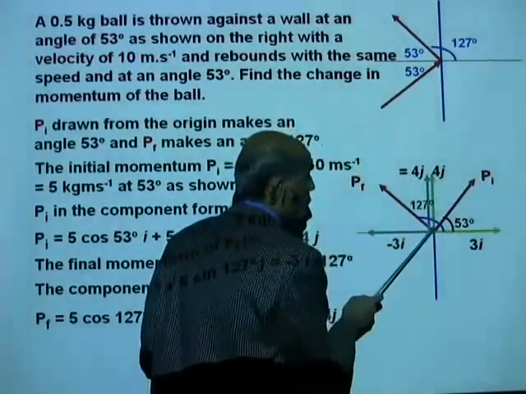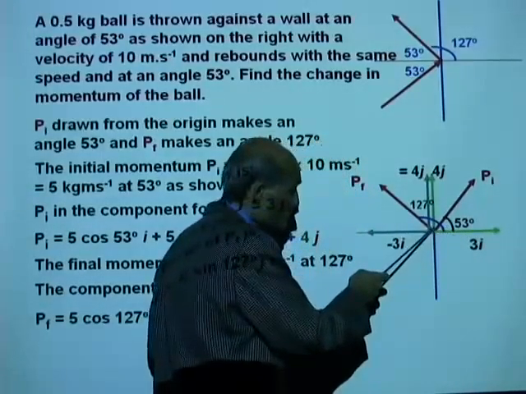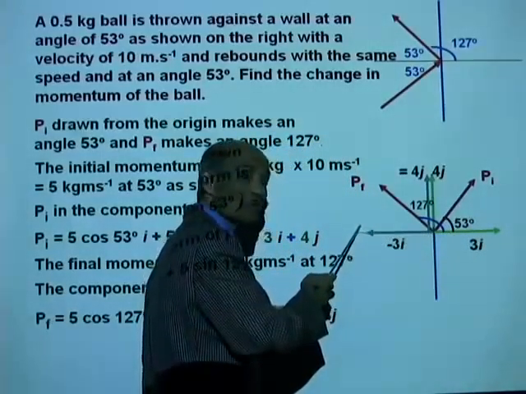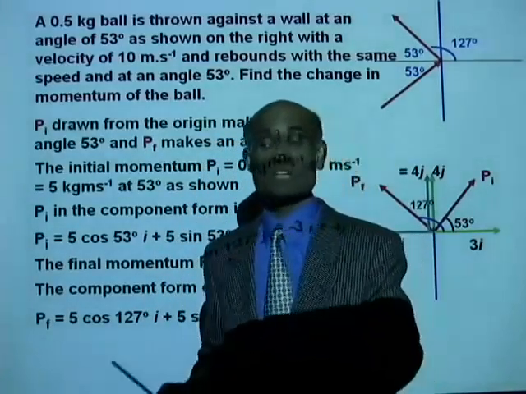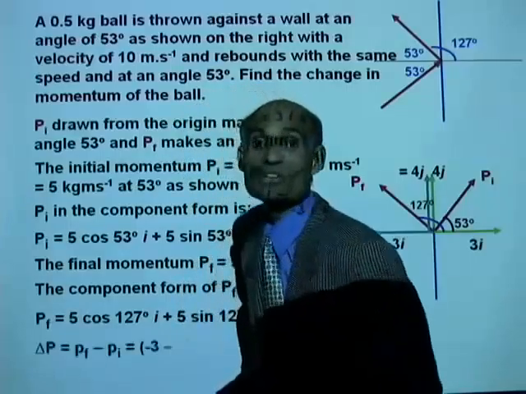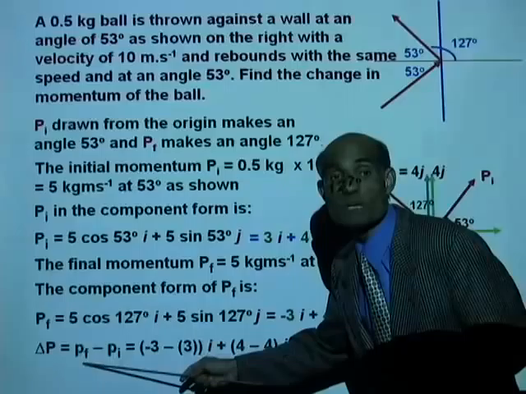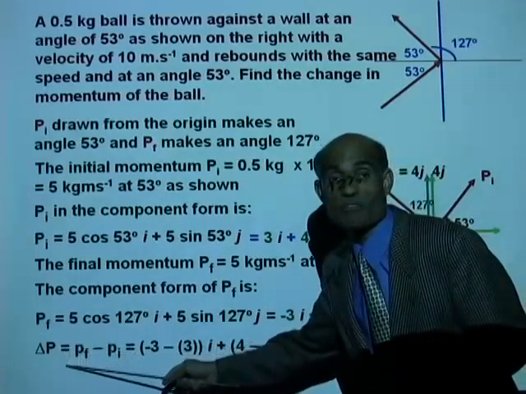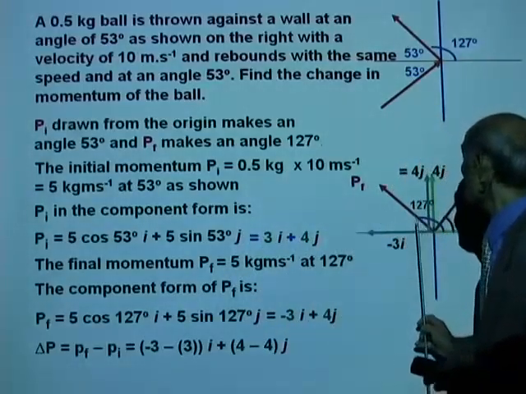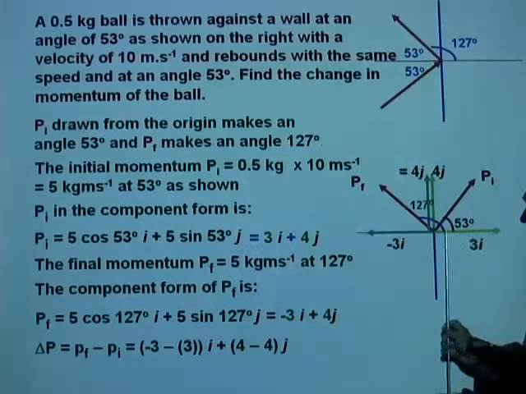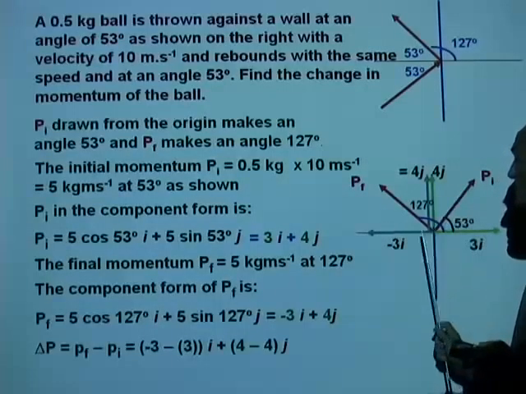But the initial momentum in the x direction is 3I. The final momentum in the x direction is negative 3I. And therefore, there is a change in momentum in the x direction. So delta P is PF minus PI, final momentum minus the initial momentum. And we will do that for the x and y separately. What is the change in the x momentum?